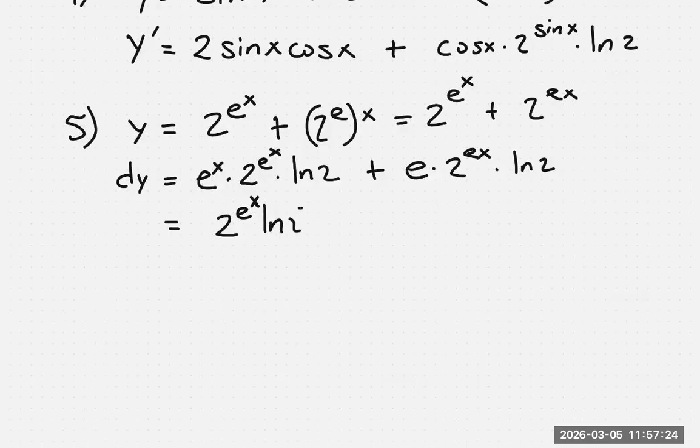Oh, sir, you mean you like this? Okay, I get it. He's trying to make it neater, sir. Yeah, I realize. But remember, the first 2 is 2 to the e to the x, and the second 2 is 2 to the ex. Yeah, but what he did was just carry this to the power.